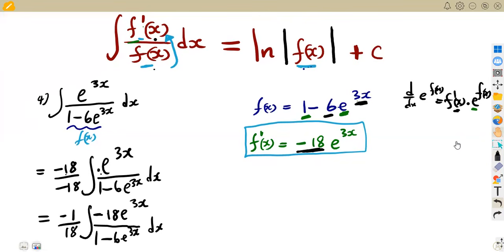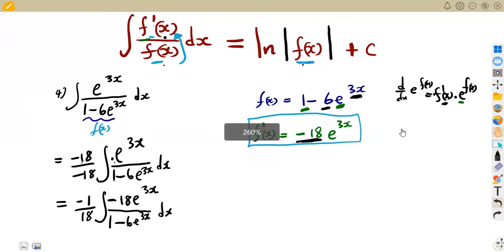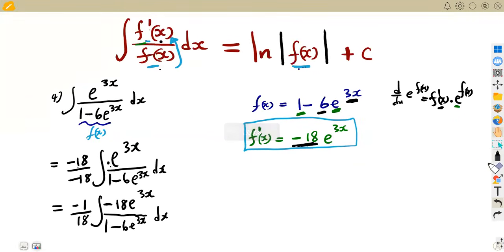Now we can see that what we have in the denominator here is this part, which is our f of x, like what we had before. And what we have in the numerator here, which is -18 e to the exponent of 3x, is the first derivative. So they do correspond: this is our f of x, and this is its derivative.